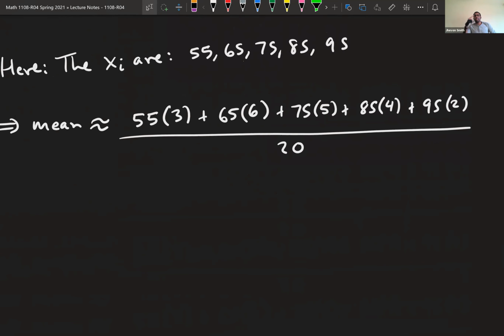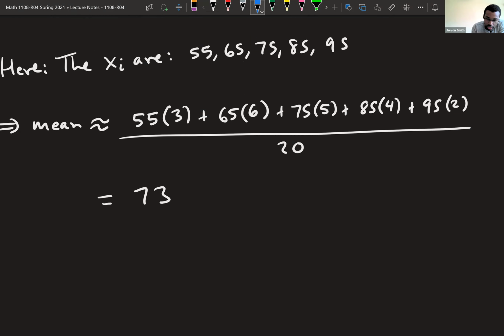So there are 3 55s, 6 65s, 5 75s, 4 85s, 2 95s. I just take the frequency times the middle number in each bin, add them all together, divide by the number of numbers there are, and this comes out to a nice round number, 73.